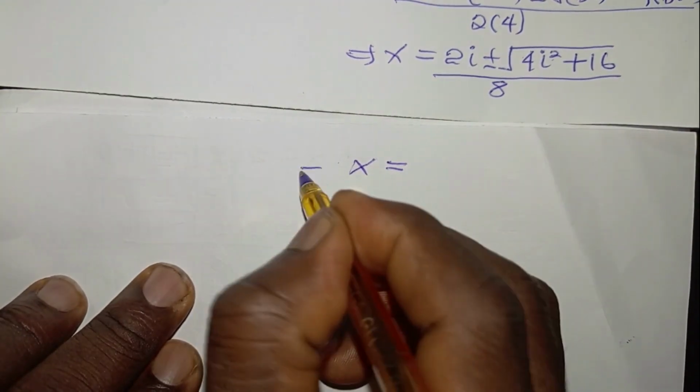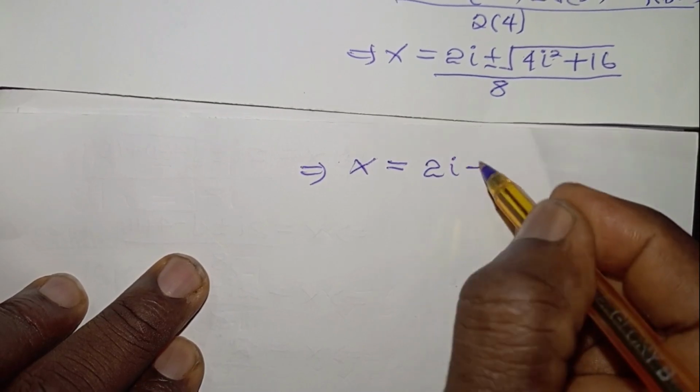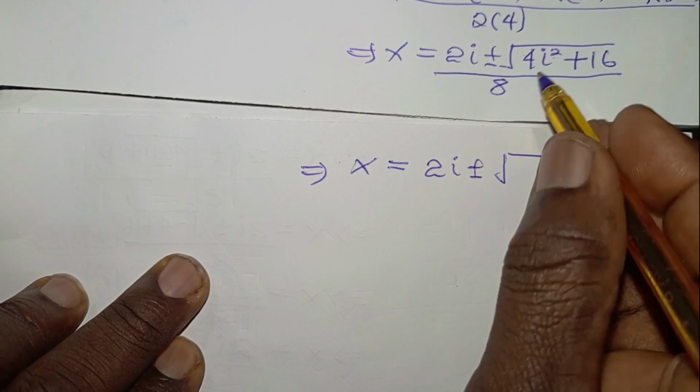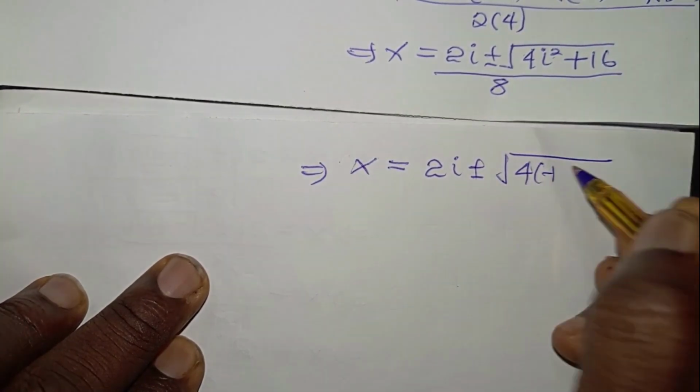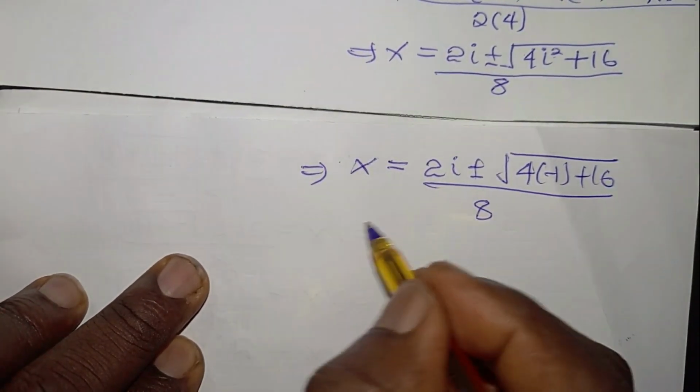This implies x is equal to 2i plus or minus square root of 4 times i squared. i squared is equal to minus 1, so that's 4 times minus 1 plus 16, divided by 8.